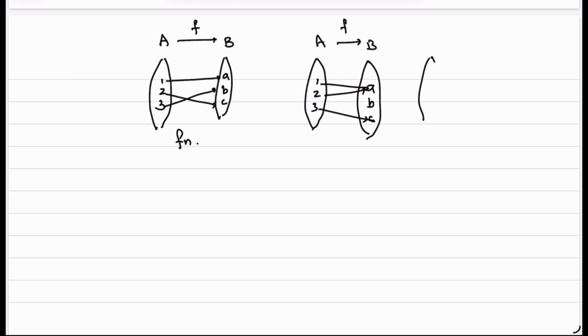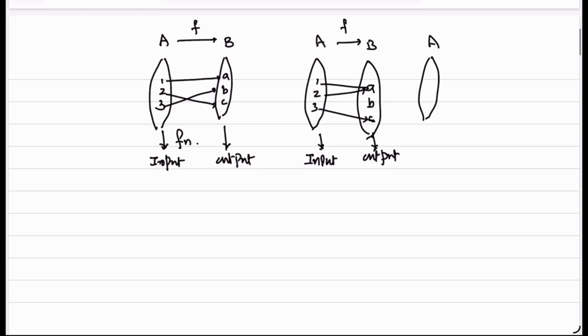Let us say another. In B, one element can have two inputs, but in A, one input cannot have two outputs. This is input, this is output in computer language.